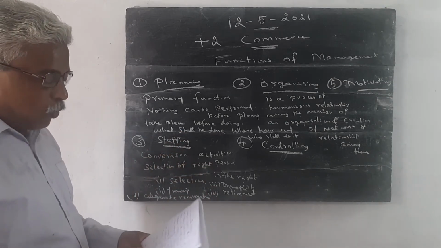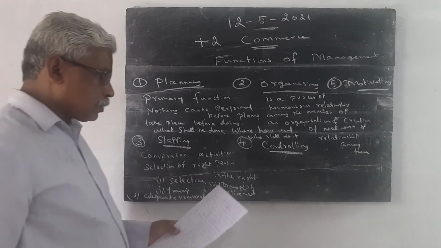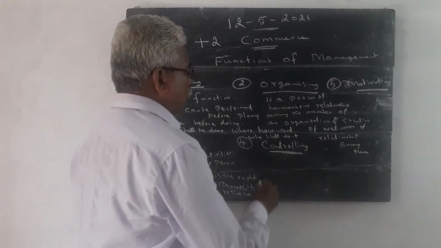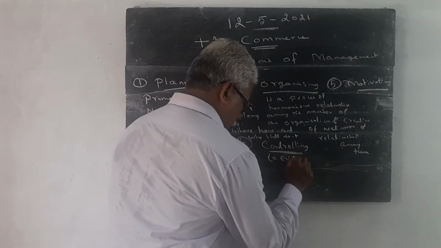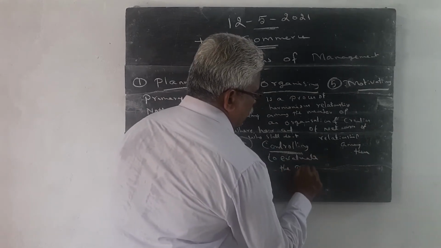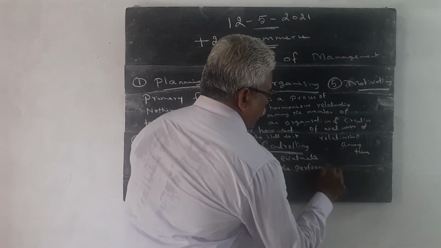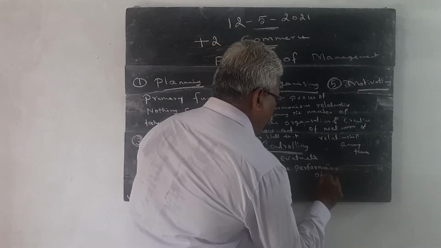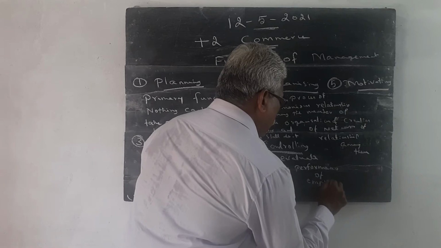Then point number 4, controlling. Controlling is performed to evaluate the performance of employees.